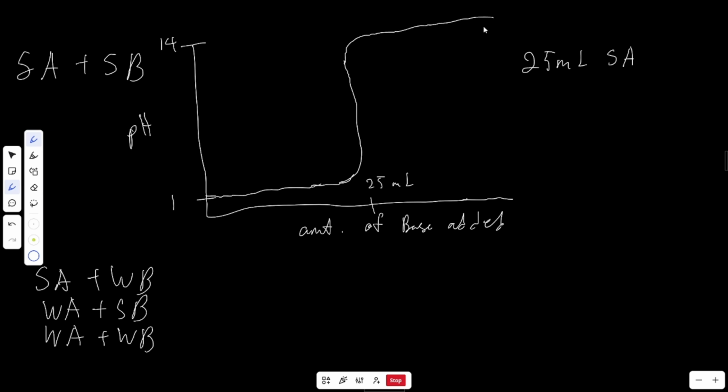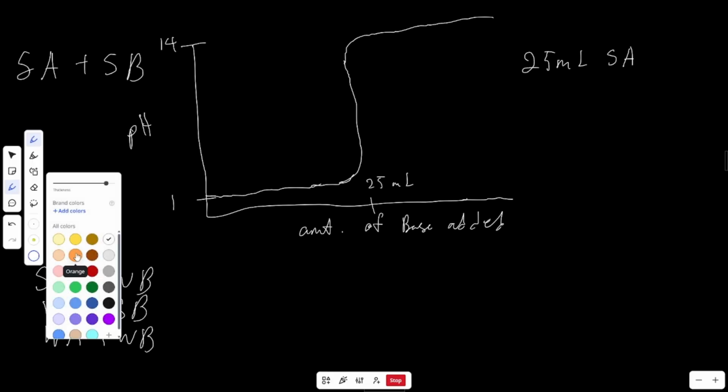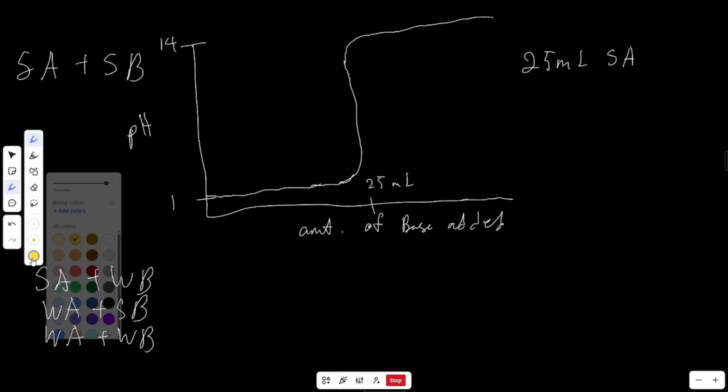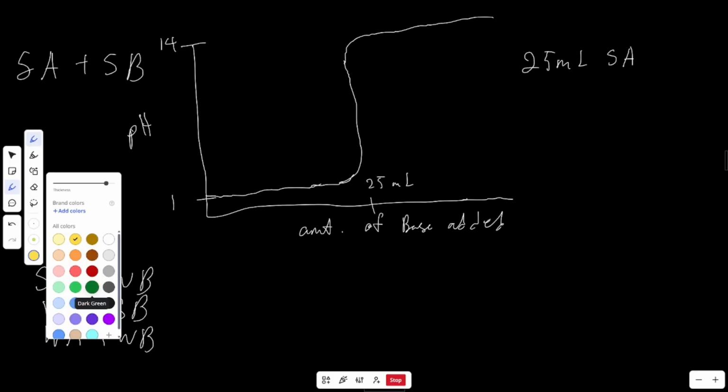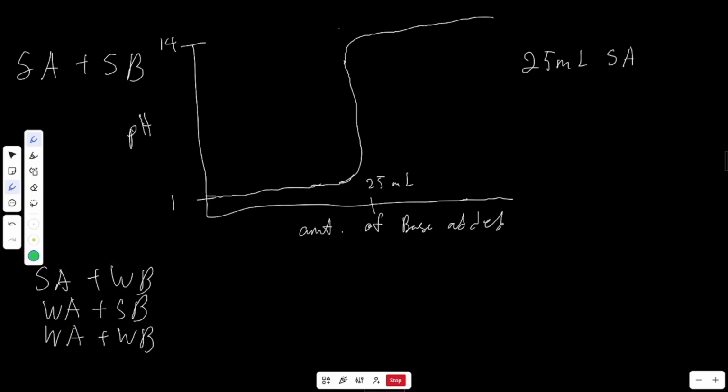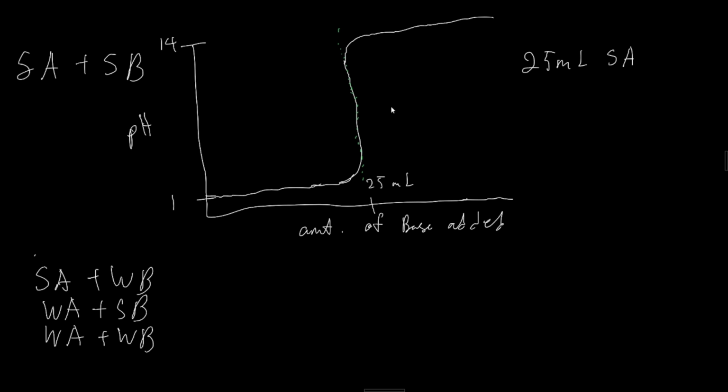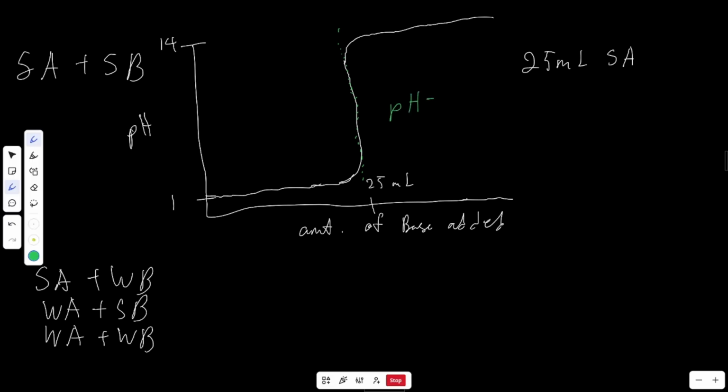Now, what's the logic behind this? In a strong acid and strong base titration, strong acids and strong bases reach an equivalence point that looks like a straight line. This is not a straight line, but basically, that's when they reach pH 7.